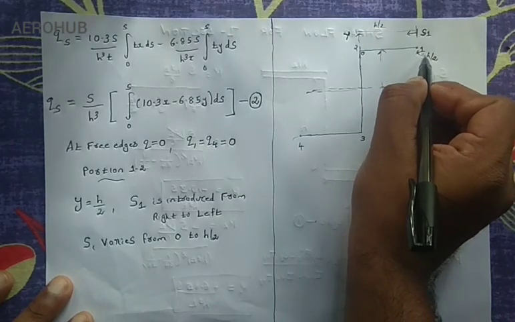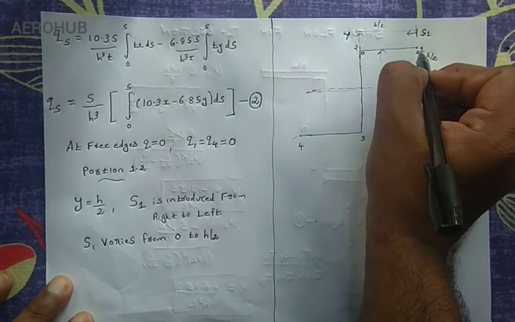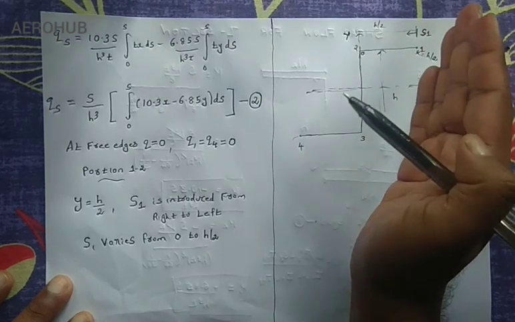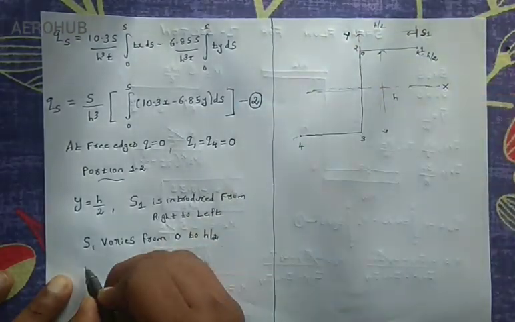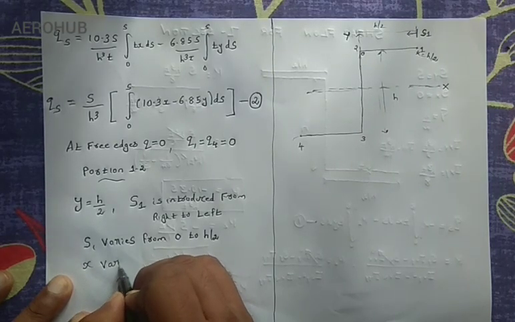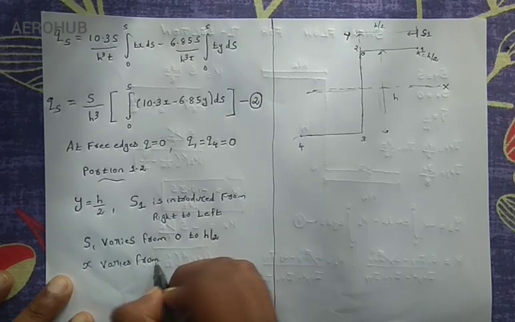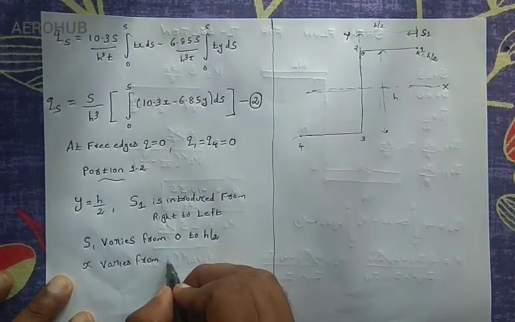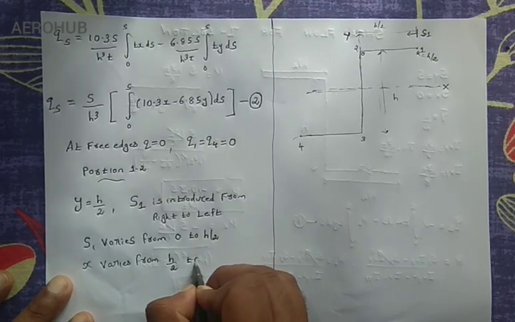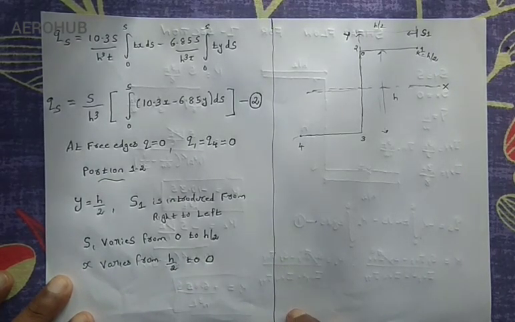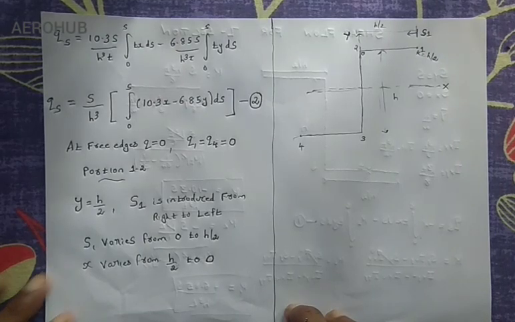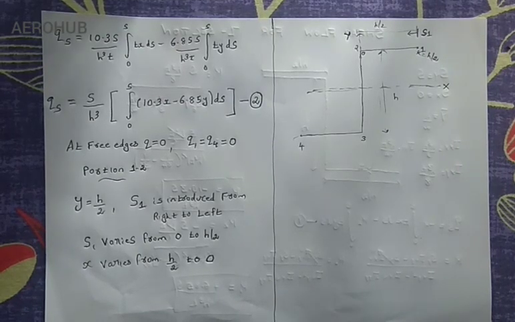Since we are introducing the shear flow from point 1, from right to left, at 1 the value of x is h by 2 and at 2 the value of x is 0. So x varies from h by 2 to 0, S1 varies from 0 to h by 2, and y is equal to h by 2, which is a constant.